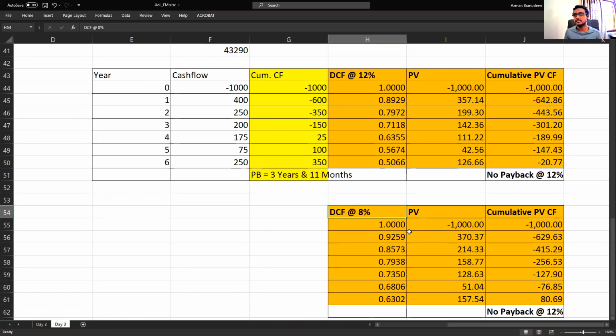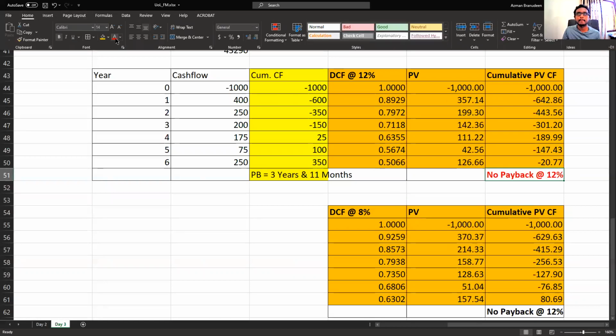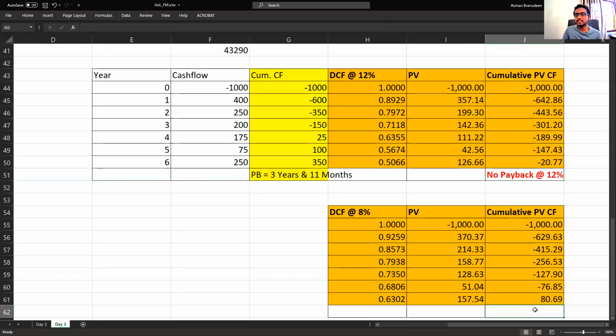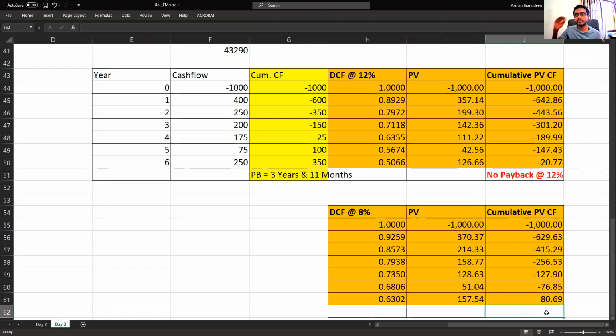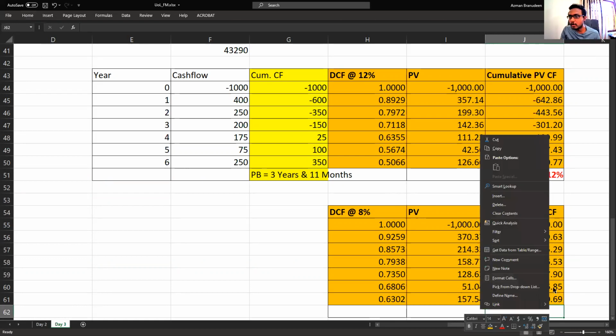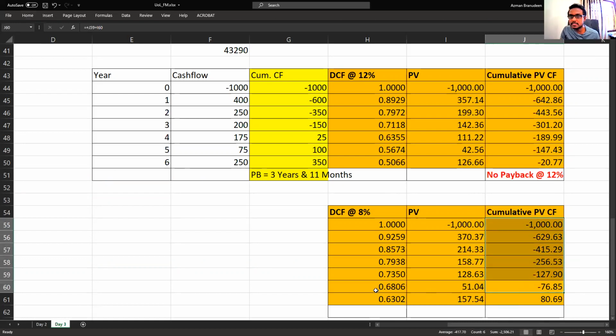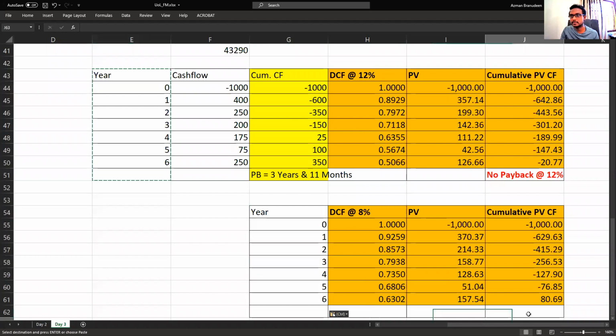You did the 12%, sure, no payback at 12%. At 8%, what is it? It's definitely got to be how many years? A minimum of 5 years. 5 years and 6 months. Right. So it's going to be discounted payback.